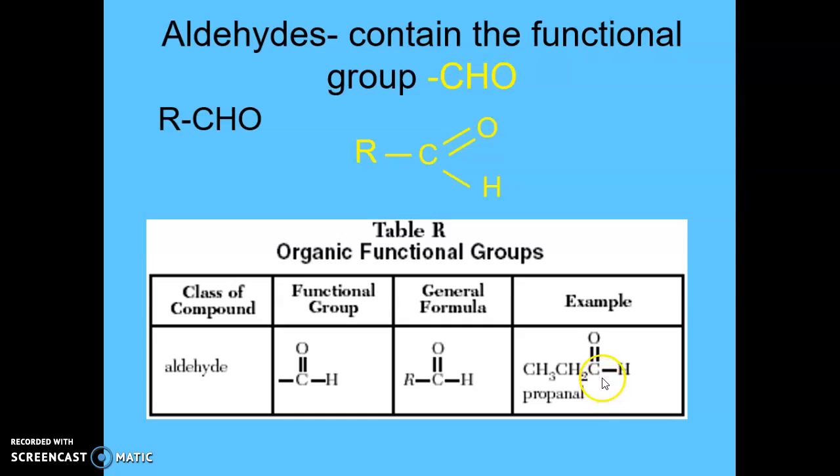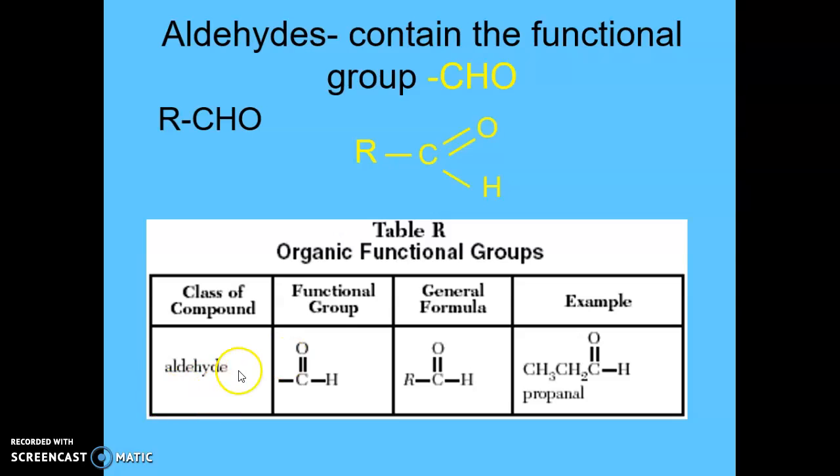And here we have the functional group for aldehyde. The acid contains an OH, but the aldehyde contains only an H. And of course, the double bond with the oxygen. Then this is the characteristic functional group for aldehydes.